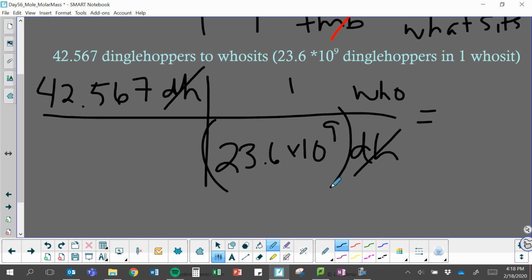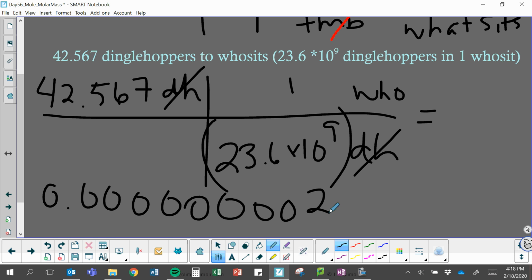So you do 42.567, and remember we're dividing because it's on the bottom of our fraction, and then you'll do parentheses 23.6 times 10 to the 9th. And one thing you might notice is that on your calculator it will tell you 0.123456782. Okay, and notice that this is because our calculator only has that many digits to report it. So in this case, you're going to have to change how it tells you the information.